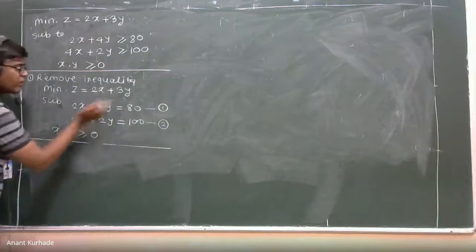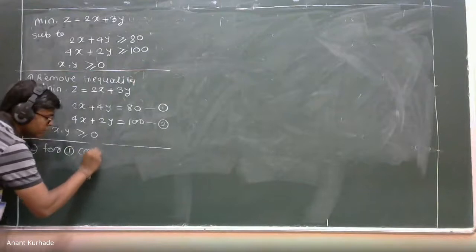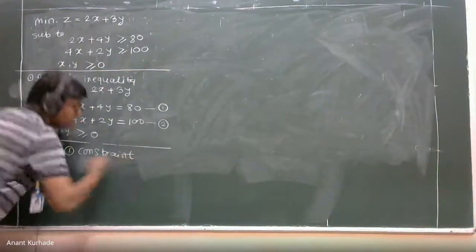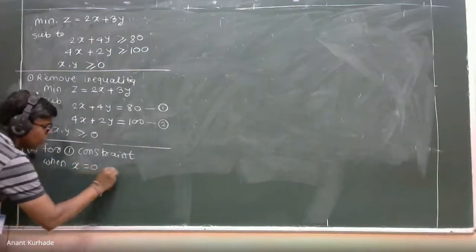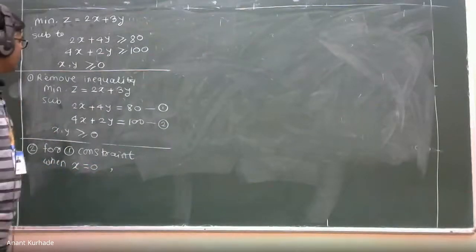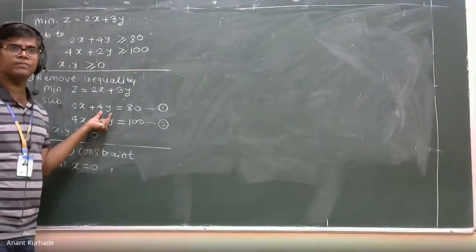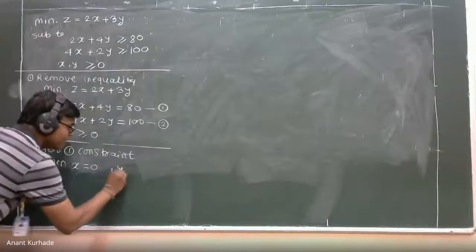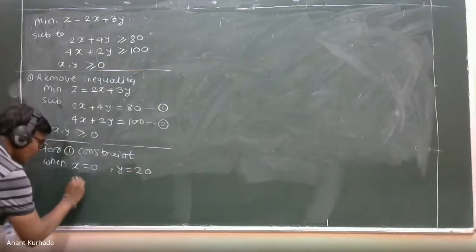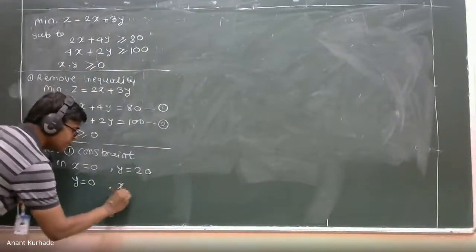For the first constraint, when x is equal to 0, what is the value of y? y is 20. And when y is equal to 0, what is x? x is 40.